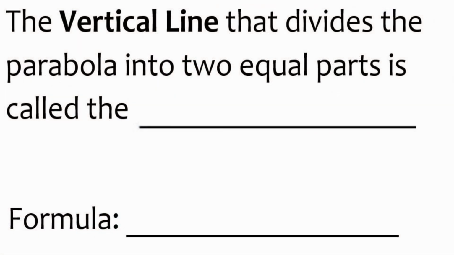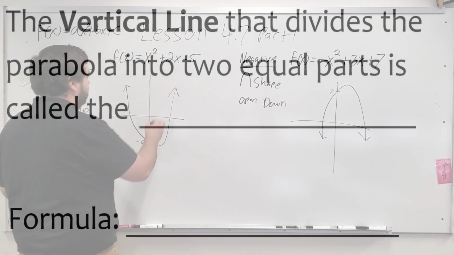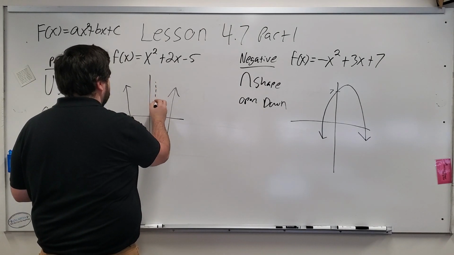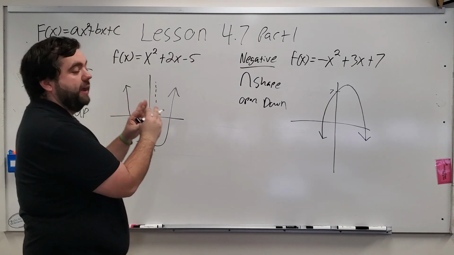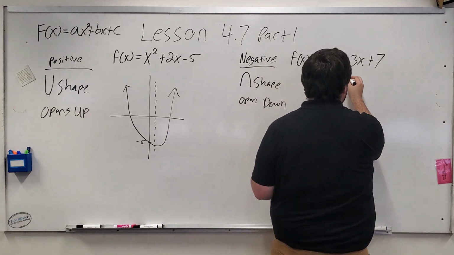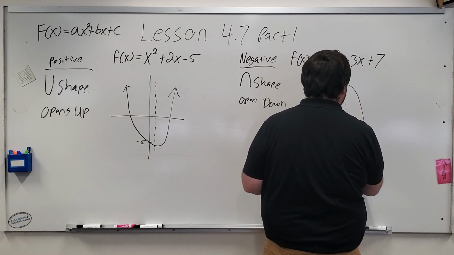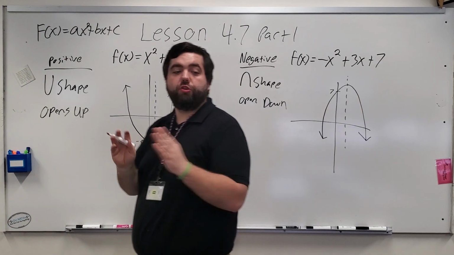So now we have a vertical line that divides our parabola into two equal parts. If I were to draw a line right down here and fold on that line, and I can do the same here, I have two equal parts.